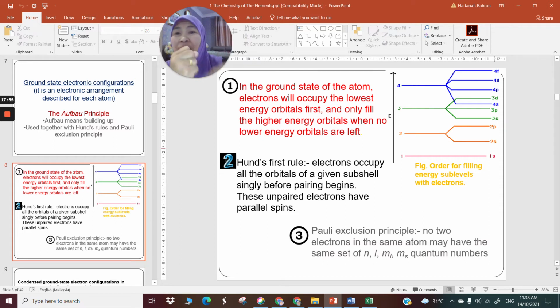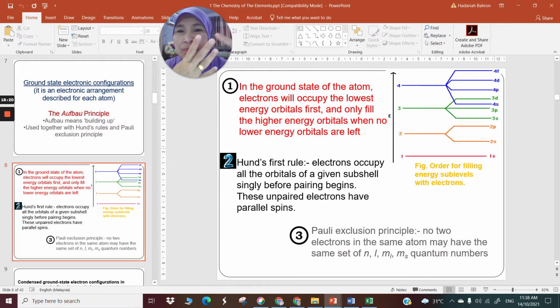The third electron cannot go in the first shell, because in the first shell there is only one s orbital, so the 1s orbital is full. They have to open a new village, a new layer, which is the second layer, where there is s and there is p. Now, s has only one, p has three.